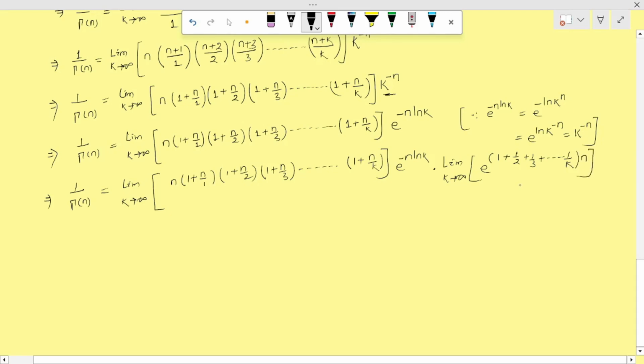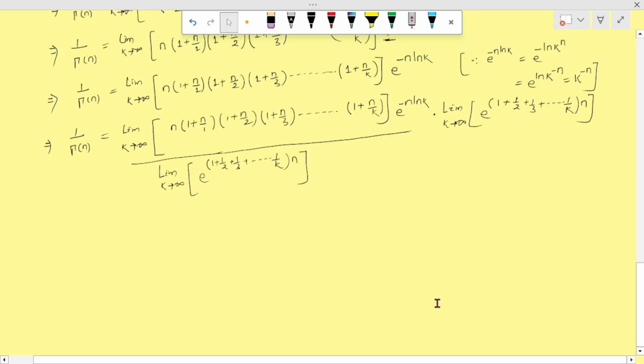This infinite limit I have multiplied, so obviously I have to divide by the same infinite limit, limit k tends to infinity of exponent of (1 plus 1 by 2 plus 1 by 3 plus up to 1 by k) into n. Okay, up to this it has been completed.